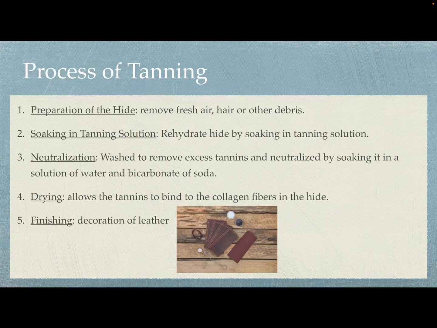This allows the tannins to bind to the collagen fibers in the hide and create a stable, durable material. And the final step is that the leather is finished by trimming off any excess material, buffing the surface, and adding any desired textures or designs. These can be done by machine or by hand.